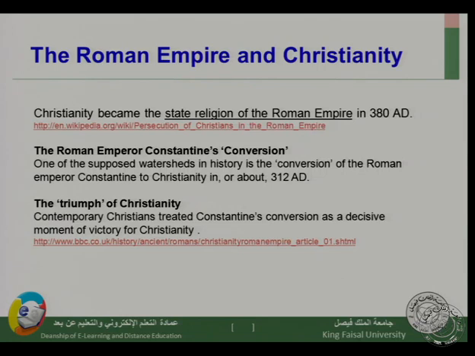But after a period of time, one emperor, his name is Constantine, embraced Christianity in 312 AD, after the death of Christ, as the Christians believe. So he is the one who spread Christianity.